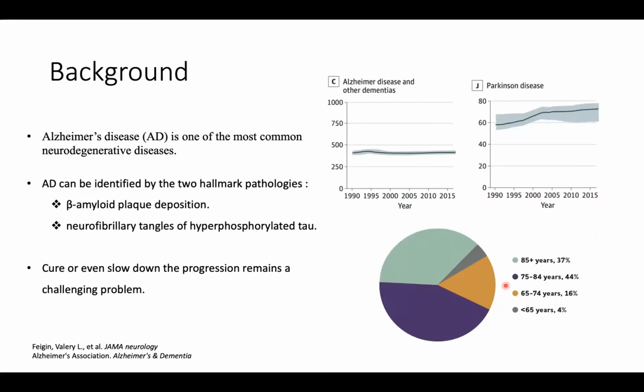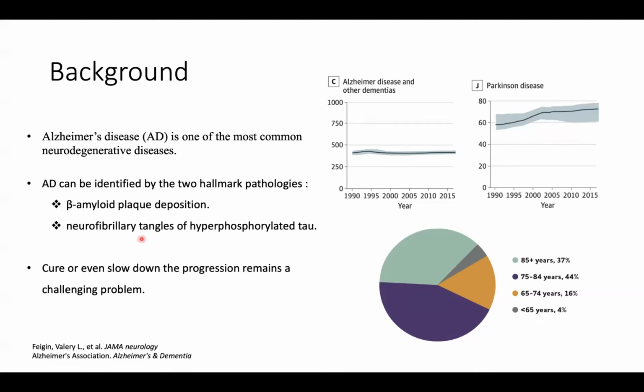Alzheimer's disease, or we call it AD, is one of the most common neurodegenerative diseases. As you can see here, there are many more cases each year per 100,000 patients in the US, compared to Parkinson's disease and other common neurodegenerative diseases.